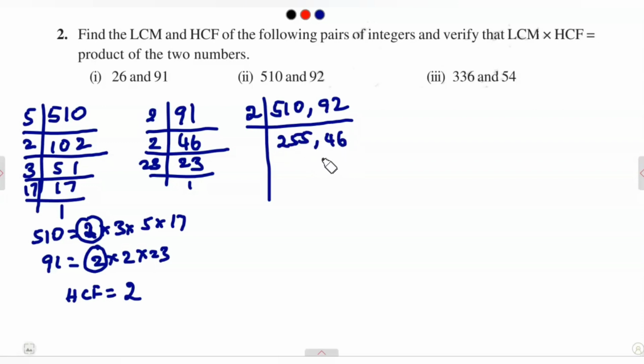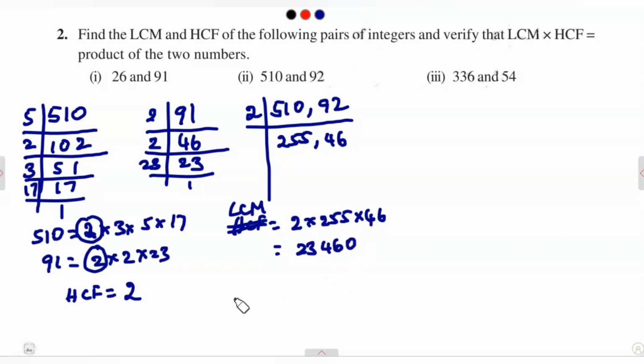So that's it. These two numbers will not come in any same table. You can leave it here and find out the LCM is equal to 2 into 255 into 46.